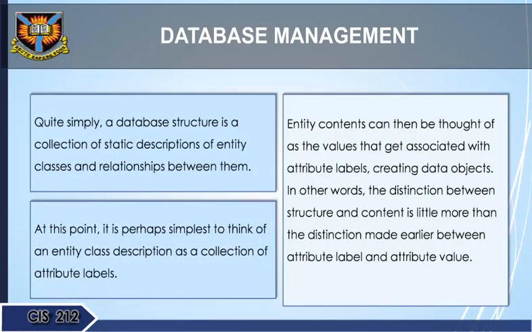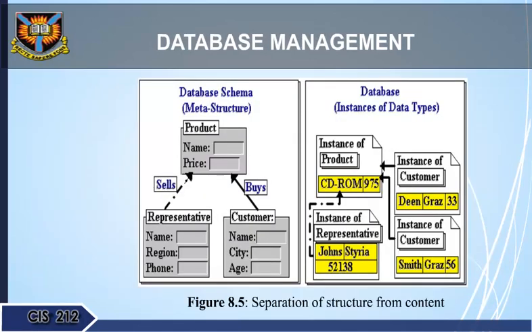Quite simply, a database structure is a collection of static descriptions of entity classes and relationships between them. At this point, it is perhaps simplest to think of an entity class description as a collection of attribute labels. Entity content can then be thought of as the values that get associated with attribute labels, creating data objects. In other words, the distinction between structure and content is little more than the distinction made earlier between attribute label and attribute value.